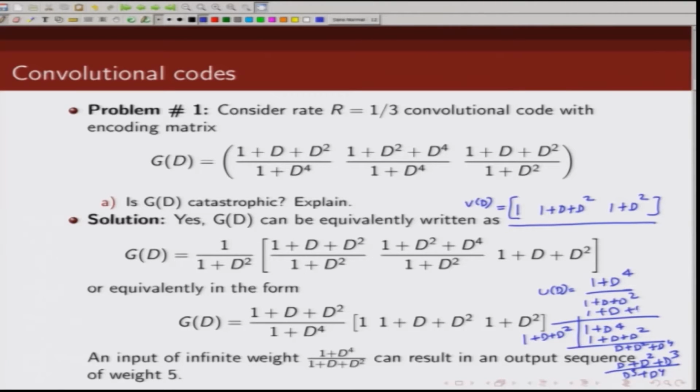Like that, we can see that this is an infinite series. The input is an infinite series, 1 plus D square is essentially an infinite series, we can expand it like that, whereas the output is a finite series. It is just 1 plus D square, and the third bit is 1 plus D square. So, you can see the input has lots of ones in it, but the output has a finite number of ones. So, this is a case of a catastrophic encoder.